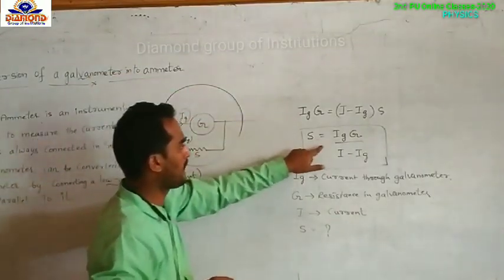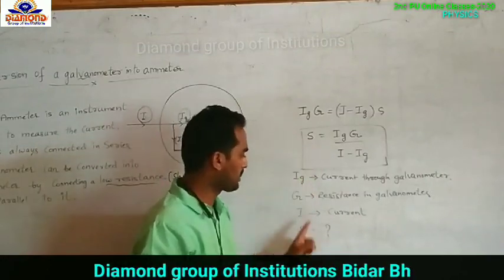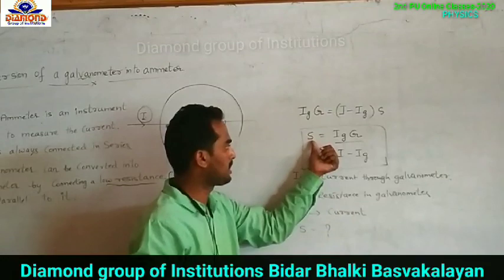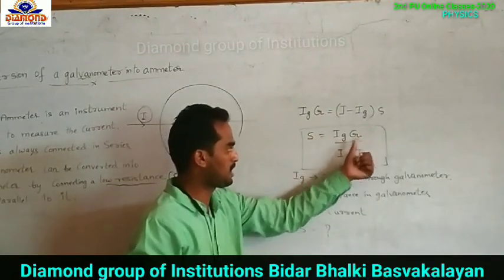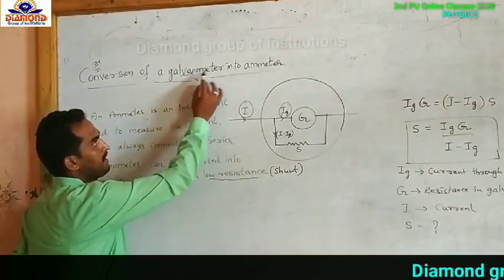Using this expression you can find any value, or you can find the value of the small resistance. What is the final expression? S equal to Ig into G divided by I minus Ig. Galvanometer into ammeter.